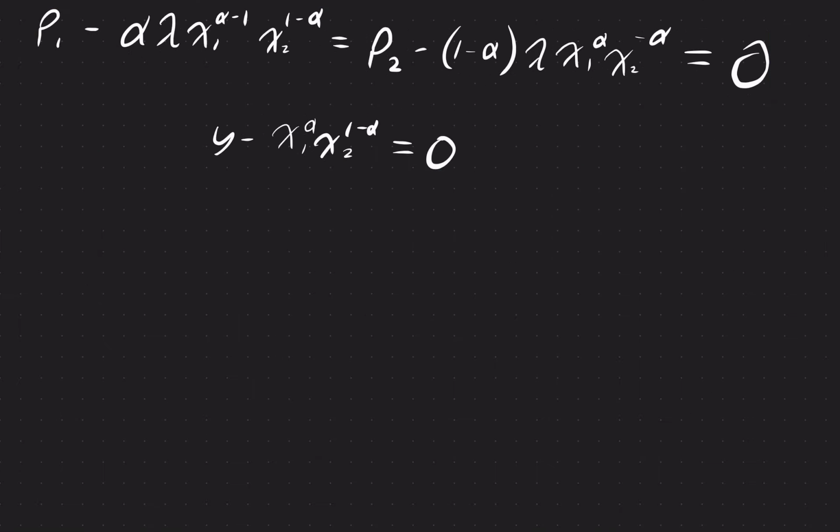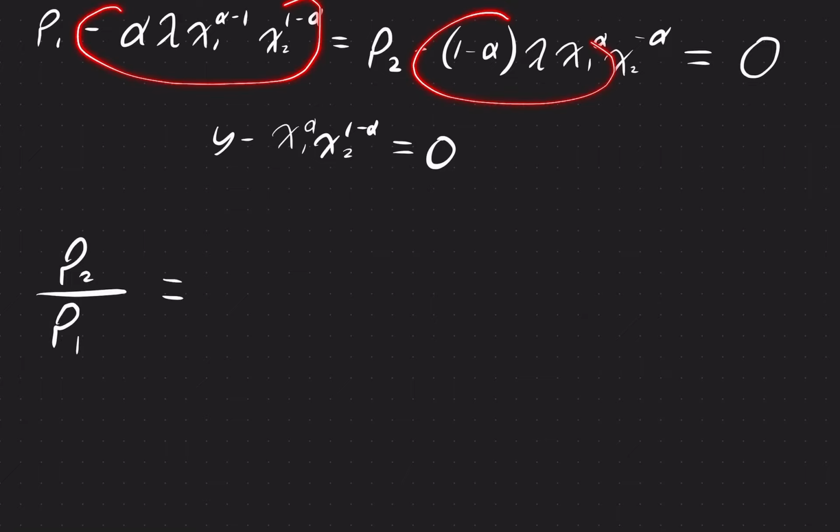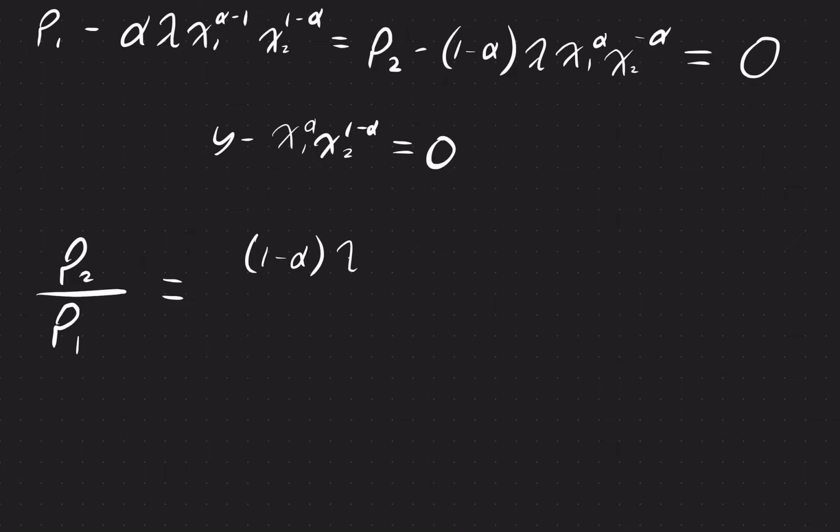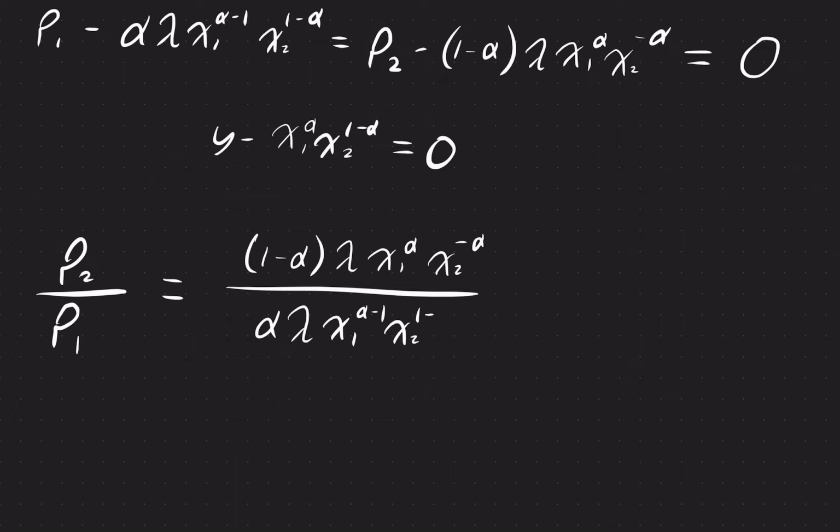So there are a few ways to do this. One of the ways I like to do it is, let's do p2 over p1, and that comes from moving this and this to the other side algebraically. So you get p2 over p1 equal to 1 minus alpha times lambda x1 to the alpha, x2 to the negative alpha, all divided by alpha lambda x1 to the alpha minus 1, x2 to the 1 minus alpha.